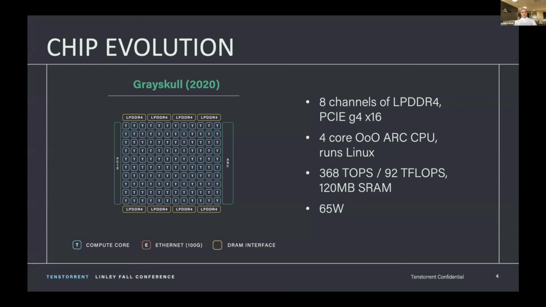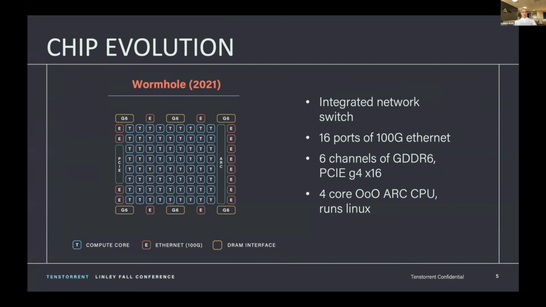This is our first production part, a fairly large, high-throughput processor that can do both inference and training, and is designed to be in the form factor of GPU-style PCI expansion cards. And then finally, Wormhole, which we'll only be getting into our labs early next year. Wormhole is built around a similar compute fabric to Grayskull, but integrates a GDDR6 memory interface, an Ethernet switch, and 16 integrated Ethernet endpoints.